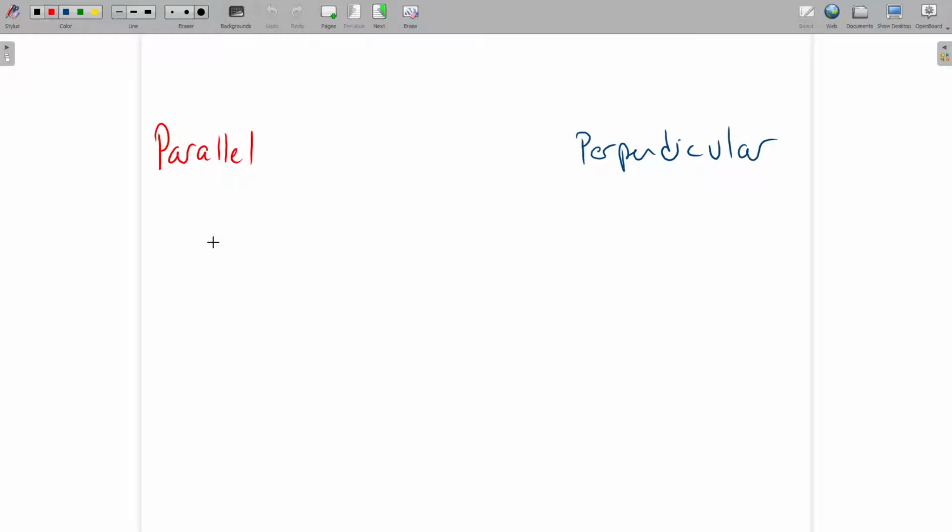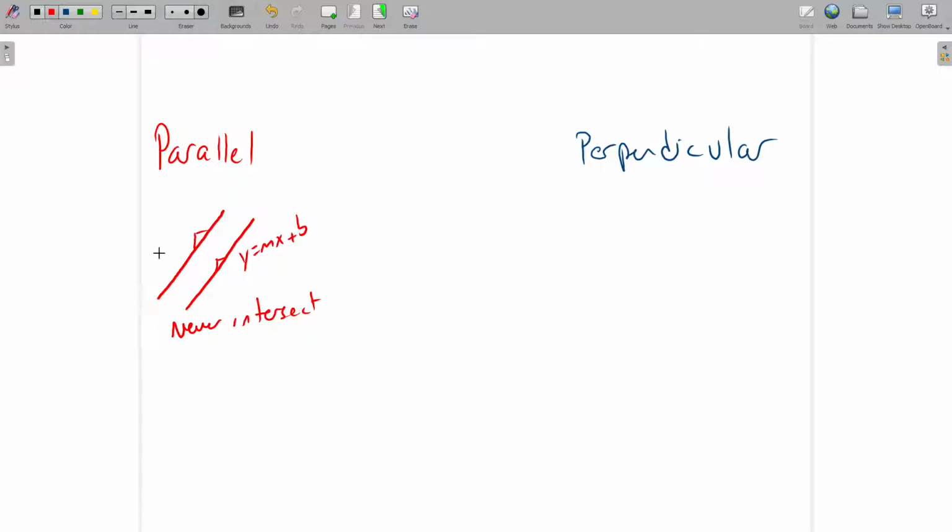So before we do the problems, let's talk about what parallel and perpendicular lines are and some notation for the two of them. Okay, so parallel lines are going to be two lines that never intersect. All right, they never intersect. So if we think about these as equations in the form of y equals mx plus b, if they're never intersecting, then they must have the same rise and run.